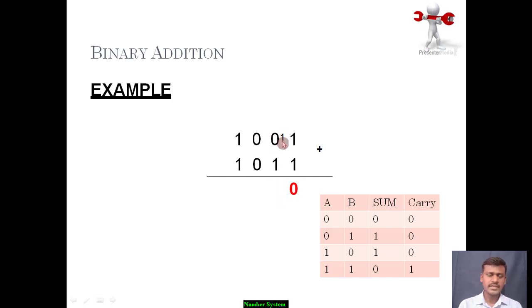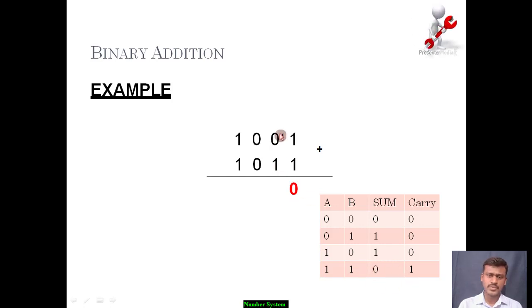Next, with the carry we need to add this 0 bit. 0 plus 1 will give you sum 1, carry 0, right? Then 1 plus 1 gives sum 0, carry 1.